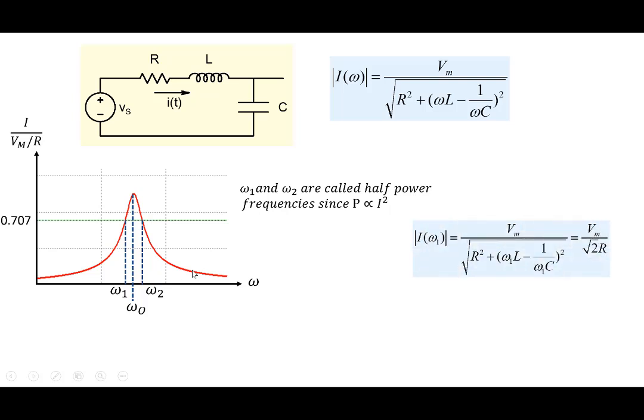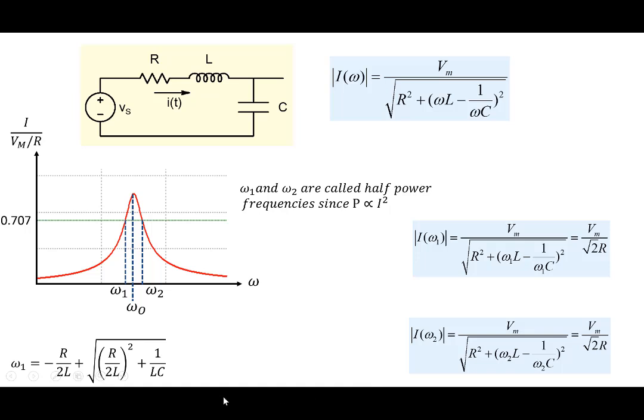We can easily obtain those frequencies by plugging into this formula I omega 1, and writing the amplitude as Vm by R times 1 over root 2. We'll get I omega 1, and similarly I omega 2. By solving these equations, we can obtain an expression for omega 1 and an expression for omega 2, these two frequencies in the neighborhood of the center frequency.